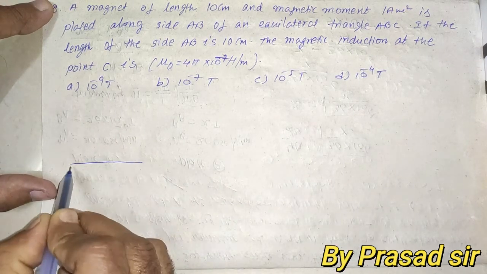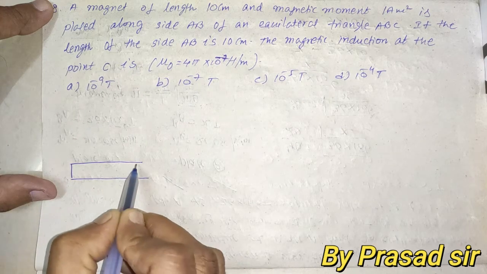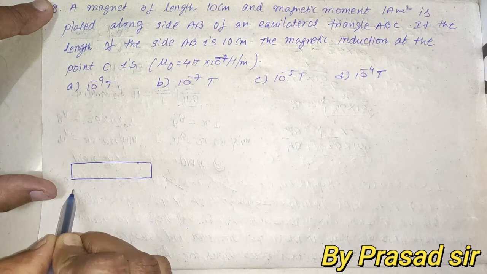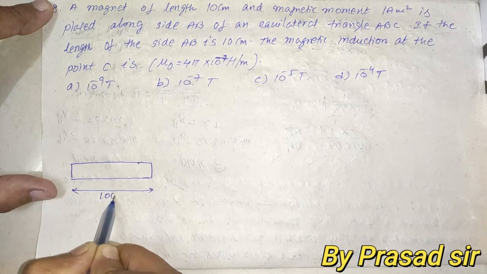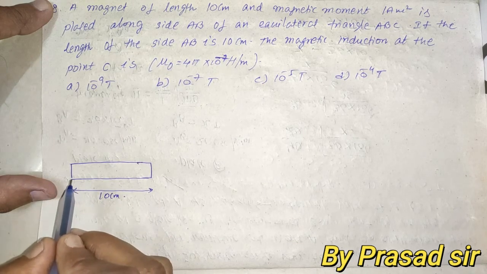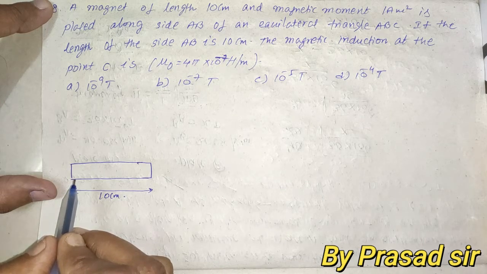So here this is the magnet. So here geometric length that is 10 centimeter and magnetic moment 1 ampere meter square is placed alongside AB of an equilateral triangle ABC.